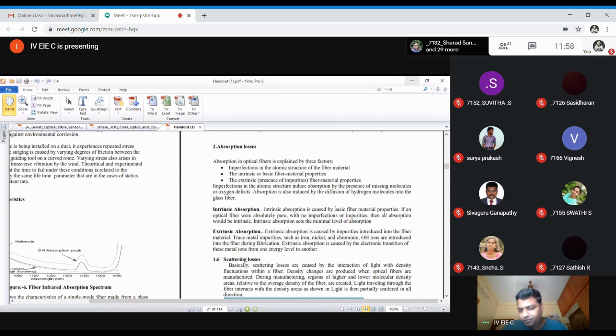Some misalignment in the structure will correspond to intrinsic absorption. Whereas extrinsic absorption corresponds completely to impurities. When manufacturing glass optical fibers, we make use of iron, nickel, chromium, etc. These iron, nickel, chromium atoms will impose some impurities over the glass fiber.